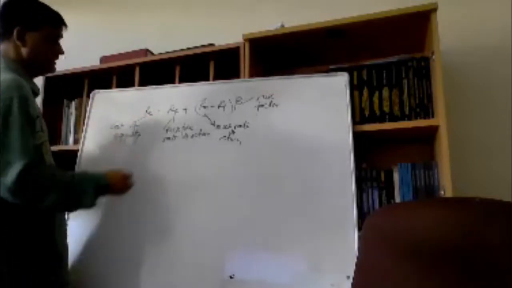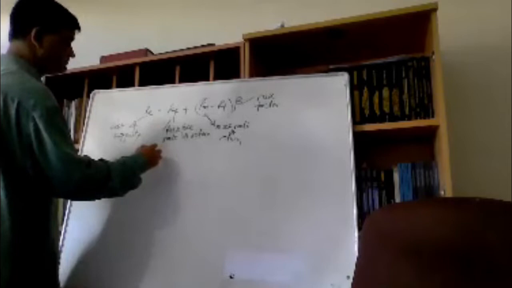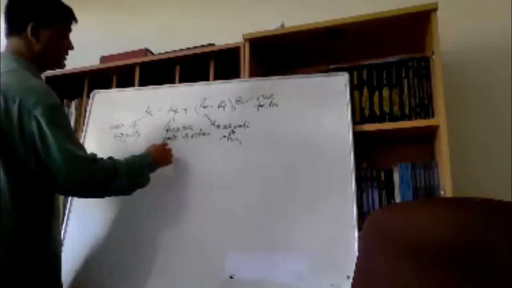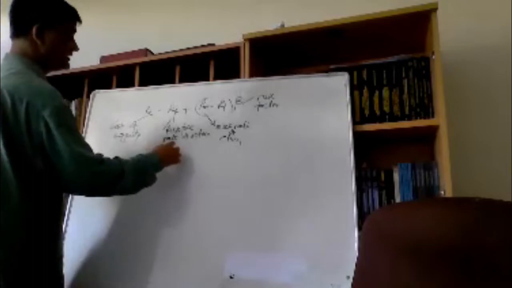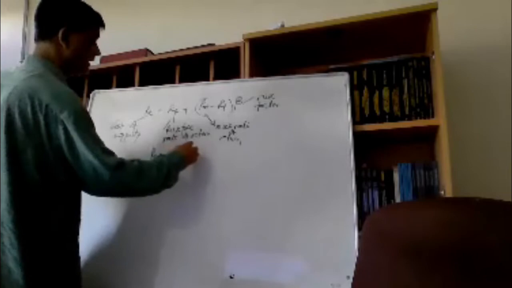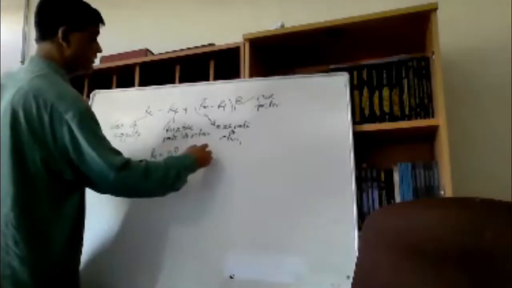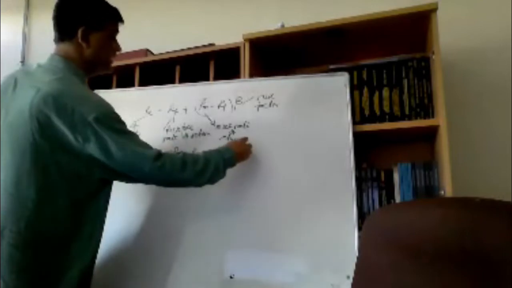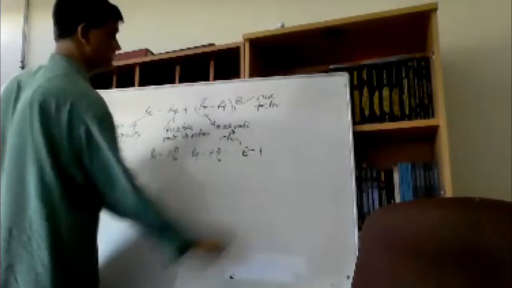Now, say for example, cost of capital RE is given as 15%. And then RF equals 7% is given. And then your beta equals, say for example, 1.